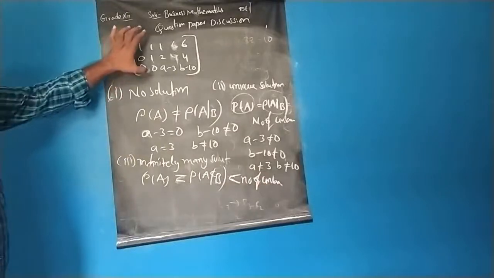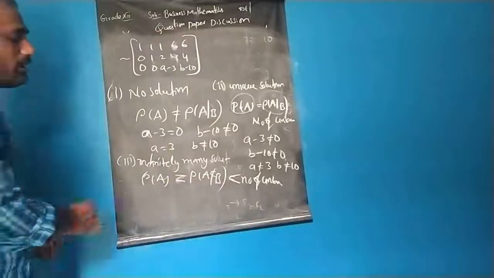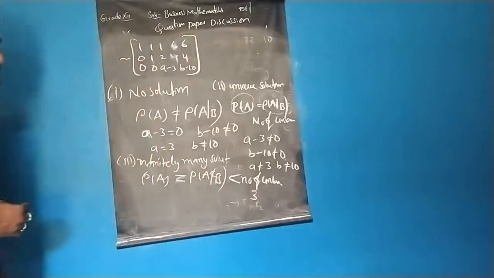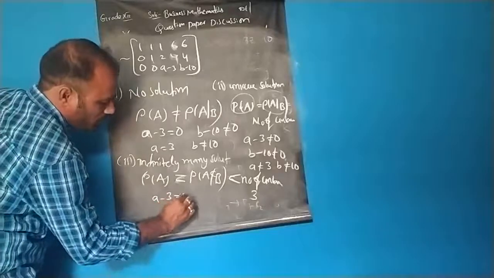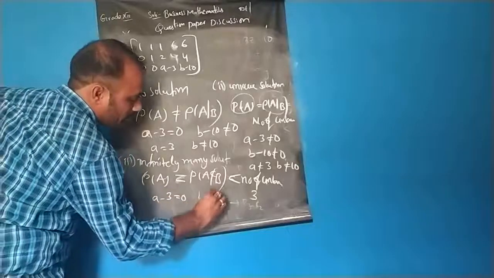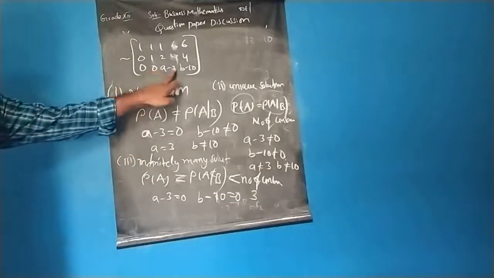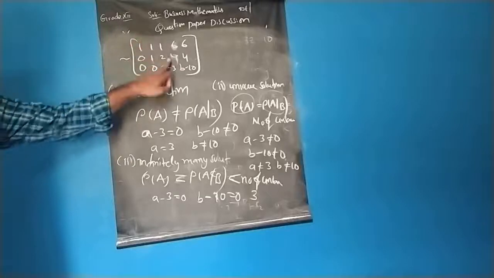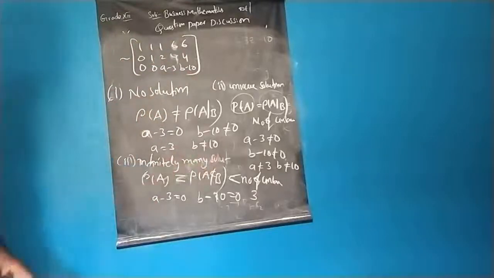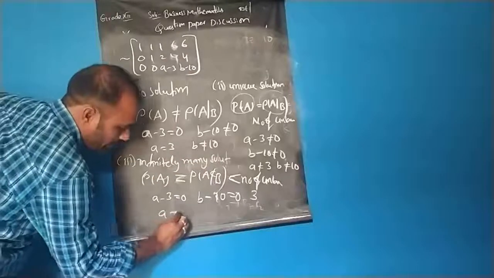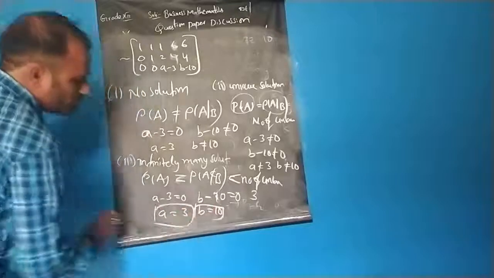Both ranks should be equal, but less than the number of unknowns. We know that the number of unknowns is 3, so less than 3 means 2. So obviously A minus 3 must be equal to 0 and B minus 10 must be equal to 0. Why? Because if I substitute 0, then this rank will become 2 and that rank will become 2. Then only can we say that we will have infinitely many solutions. So here A value will be 3 and B value will be 10. So these are the three cases.